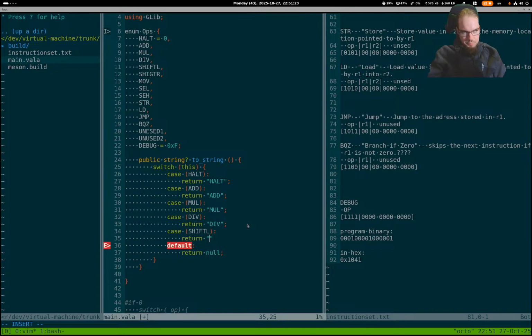That should be easy, I guess. Write emitters and stuff. Shift-L.